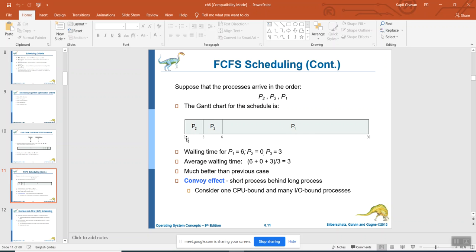P2 starts at 0, P3 starts at 3, then P1 starts at 6. So P1 waiting time is 6, P2 waiting time is 0, P3 waiting time is 3. The average waiting time is 6 plus 0 plus 3 divided by 3, which is 3. So it is much better than the previous case.